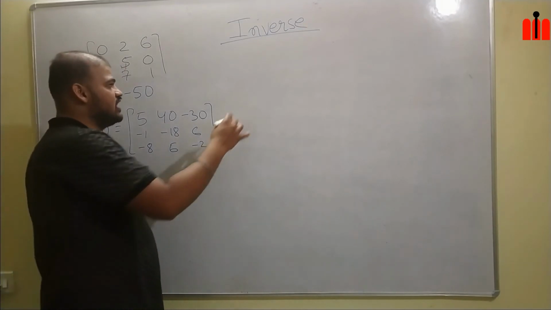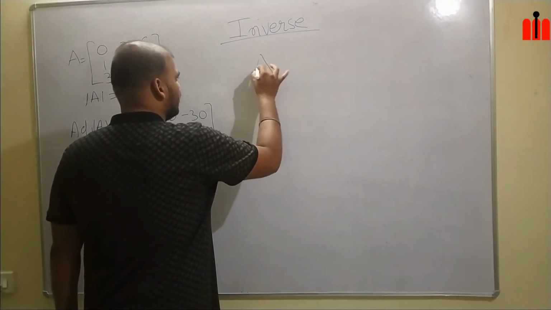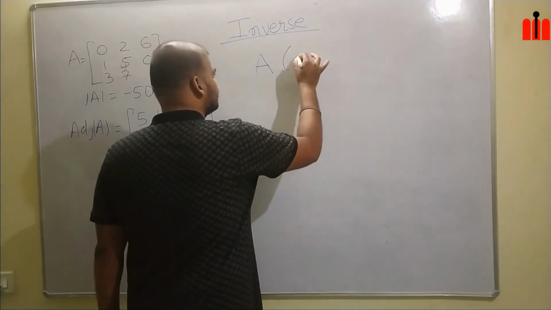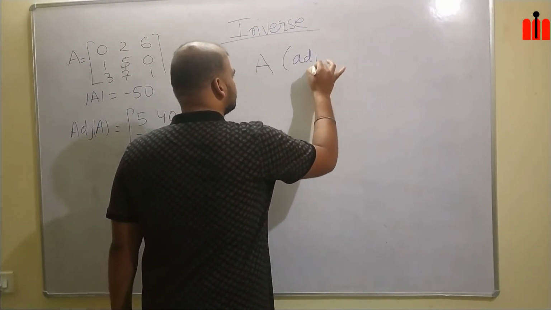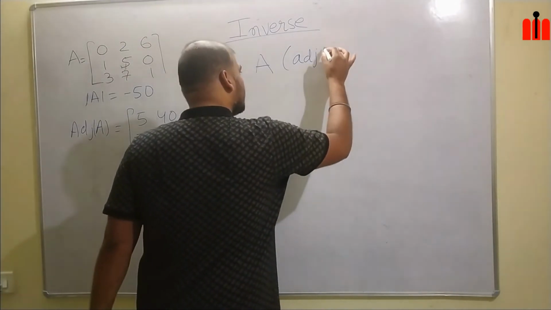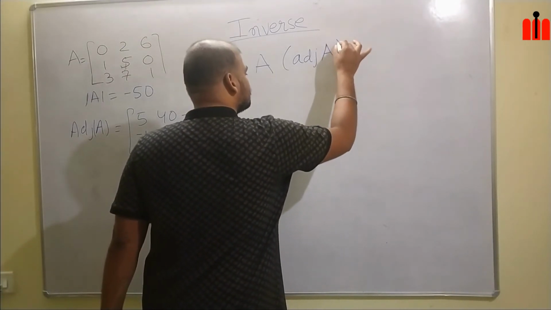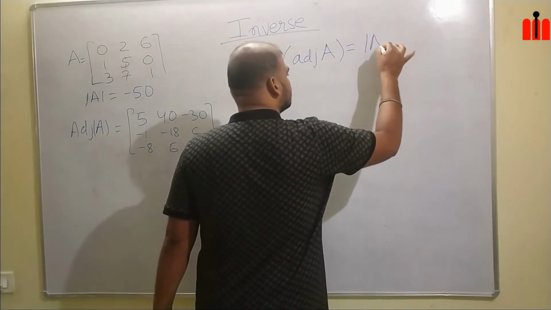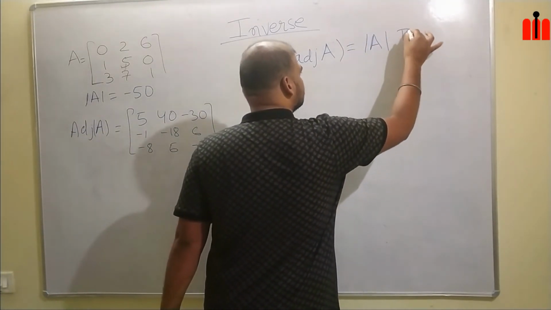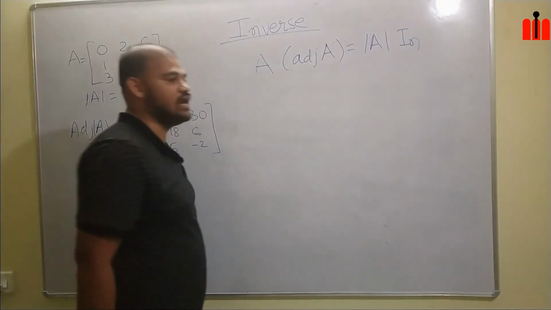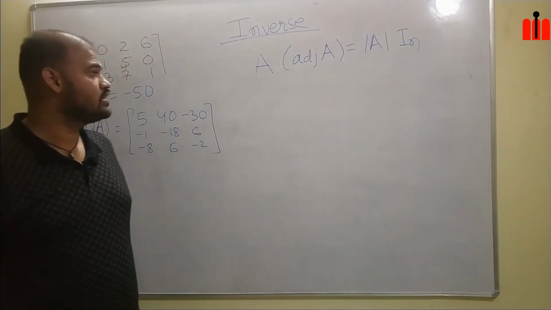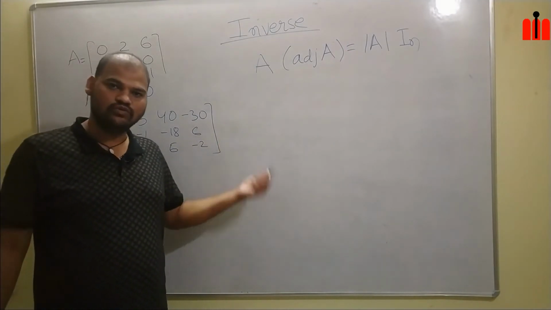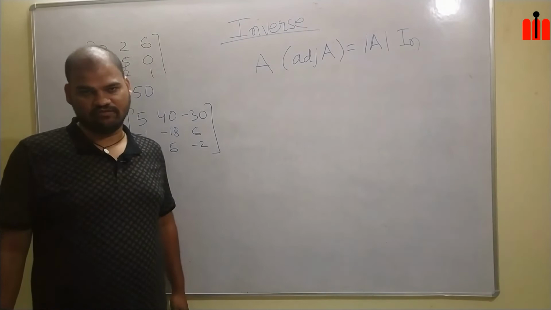The property of the adjoint is: matrix A into adjoint of A is equal to determinant of A into identity matrix. Okay, this is the property which we use to find the inverse.